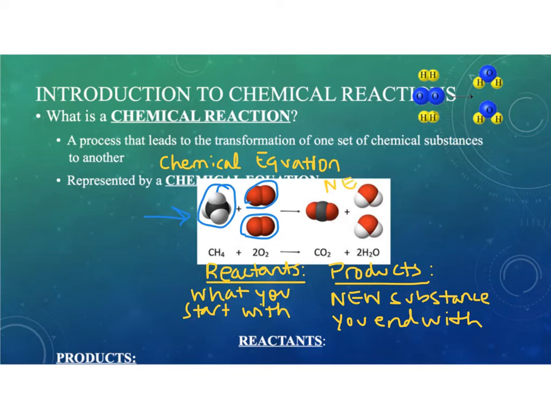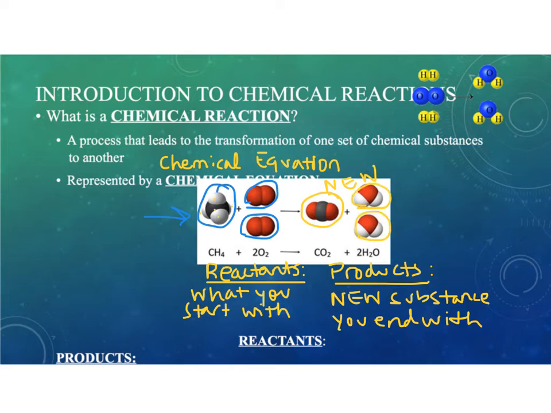We have new substances. We have, instead of the black being adjoined to the white like we had on the left side, now the black one is bonded with the red ones. All right, you see that?